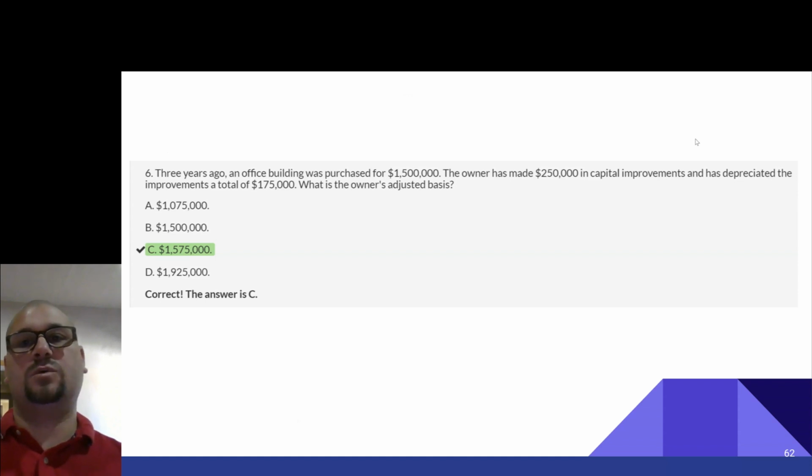Well, adjusted basis is the original purchase price plus the improvements minus the depreciation. So 1.5 million plus 250,000, that's 1.75 million, minus 175,000 brings it down to 1.575 million.